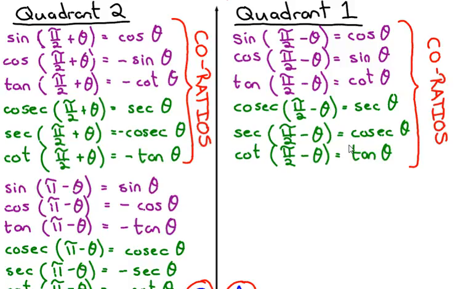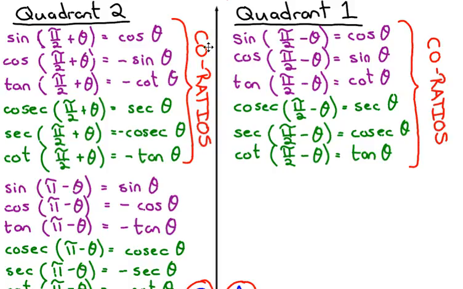What we are adding in now is, in core maths, you only deal with sine and cos. Now we're going to deal with tan. So tan of pi over 2 minus theta is cot theta. That's a new co-ratio that you're being introduced to, which also works the other way around: cot of pi over 2 minus theta is tan theta.